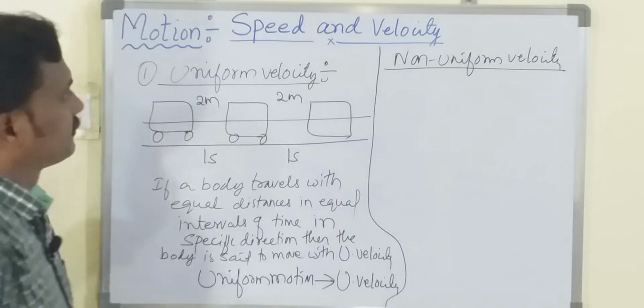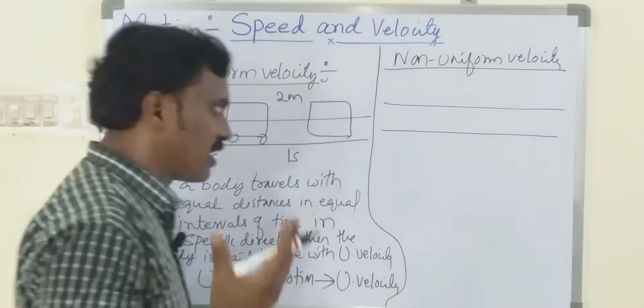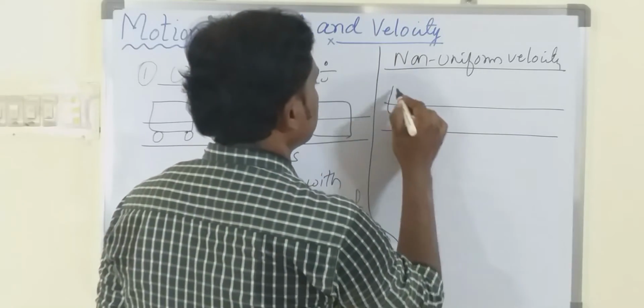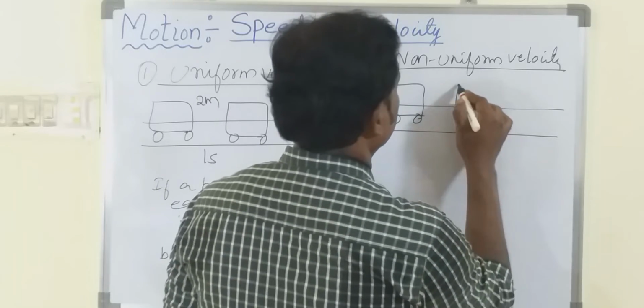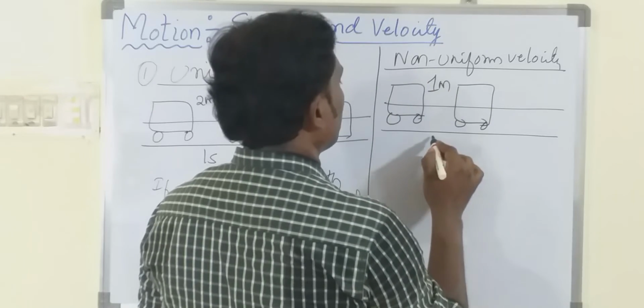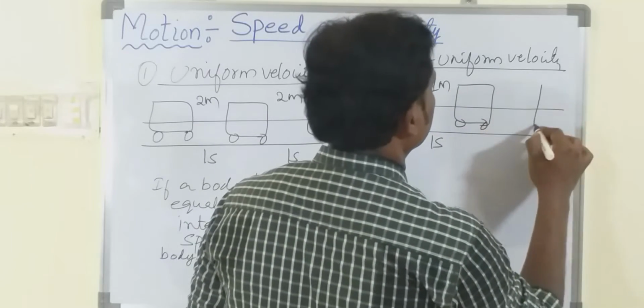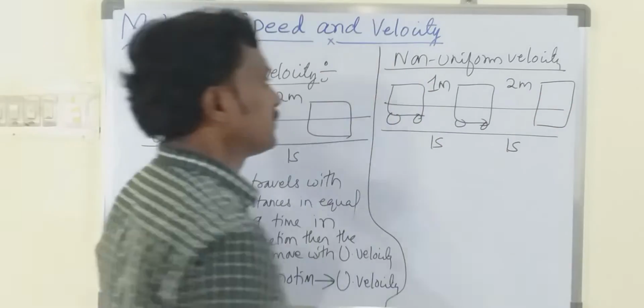So here, if the vehicle is moving in a straight line, let us consider this. Here it is moving 1 meter in 1 second, and here 1 second and 2 meters.